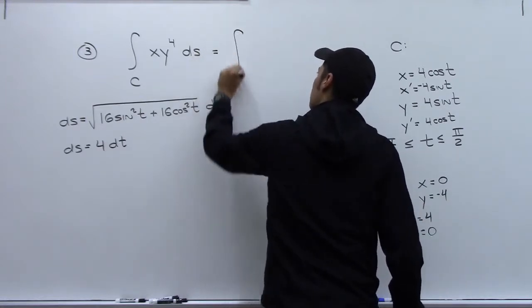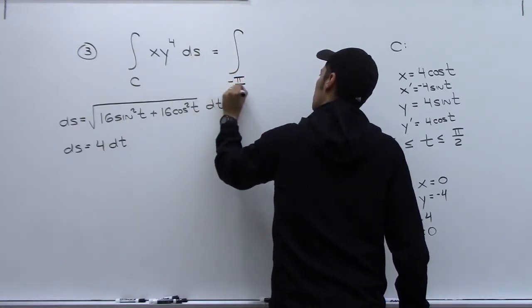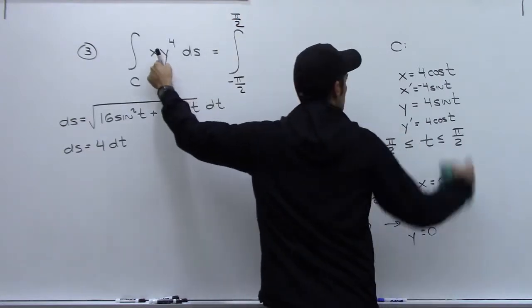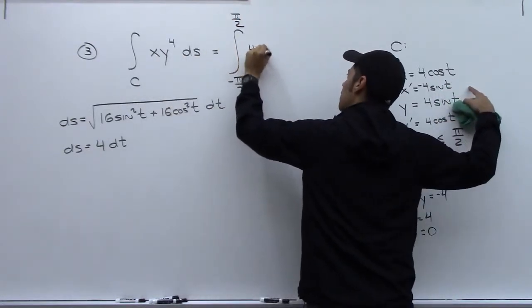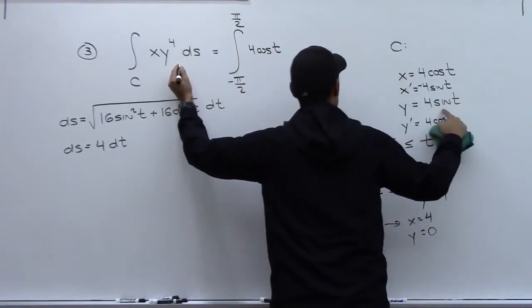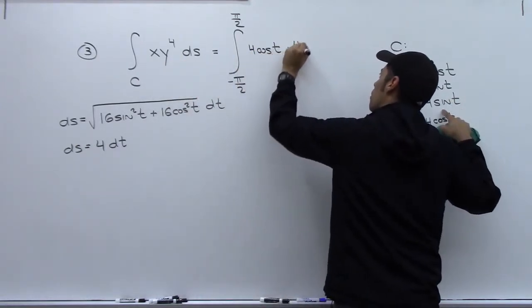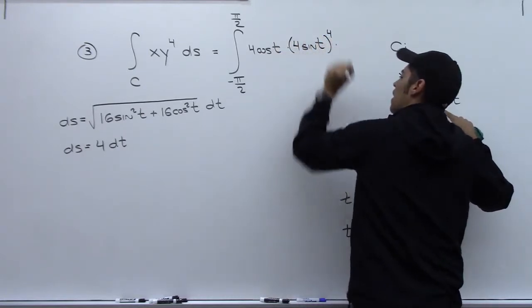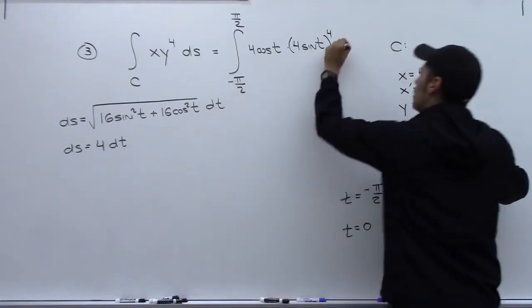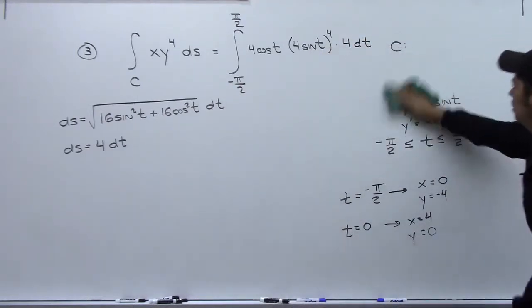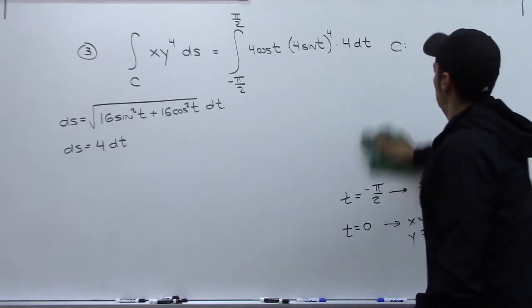This will be the integral from negative pi over 2 to pi over 2 of x, which is 4 cosine t, times y to the 4th, which is 4 sine t to the 4th, and then ds, which is 4 dt.